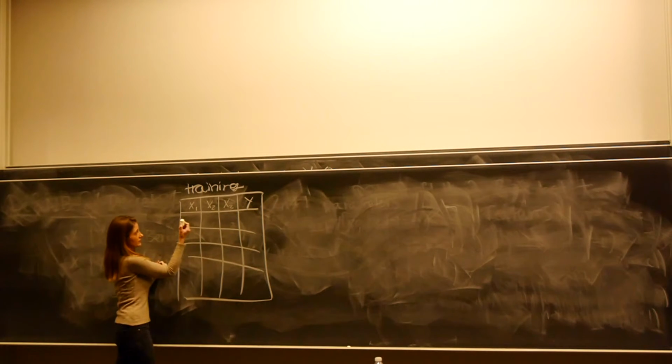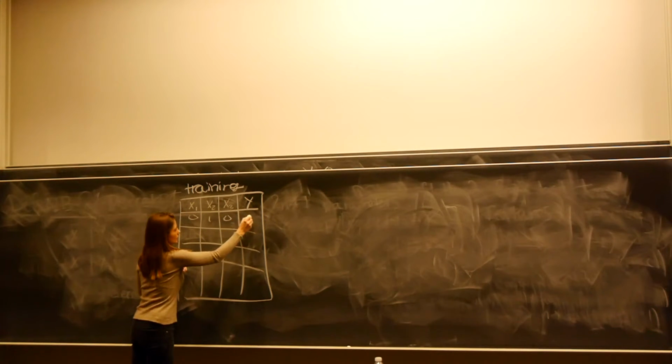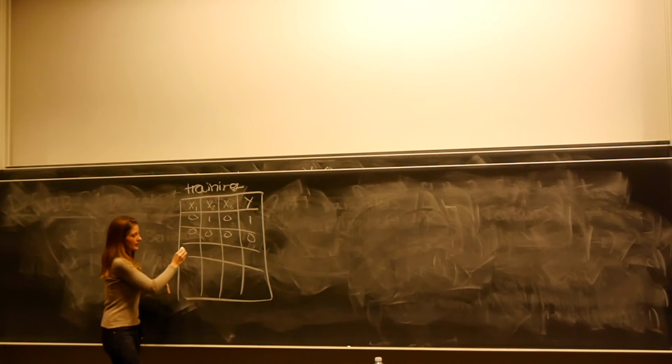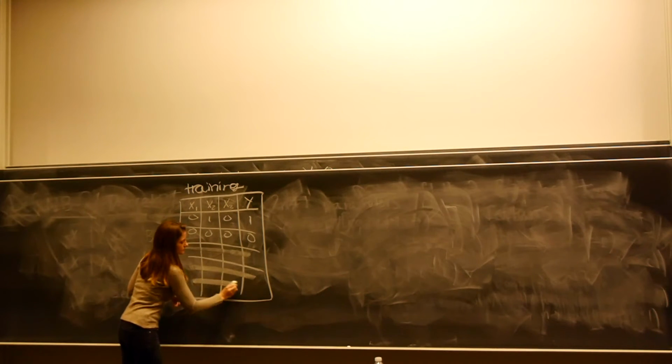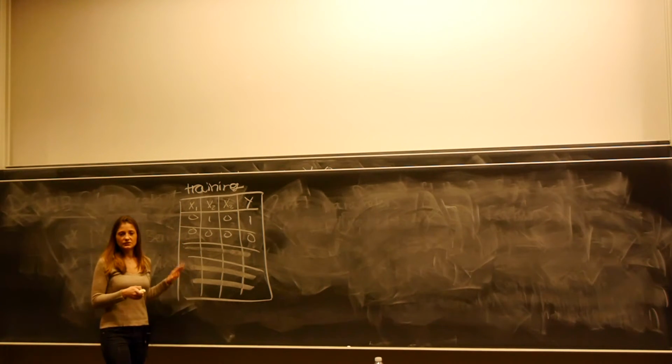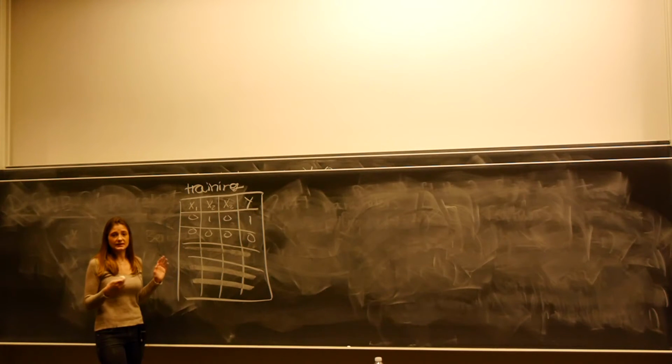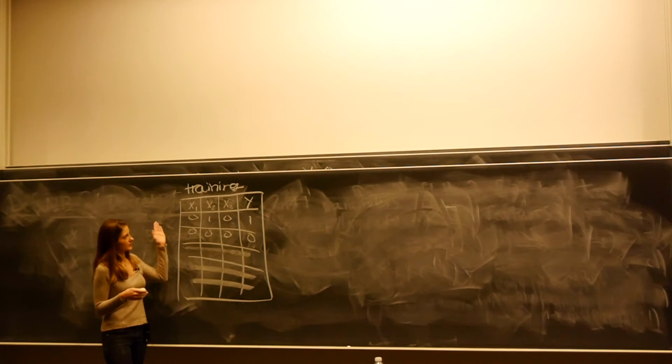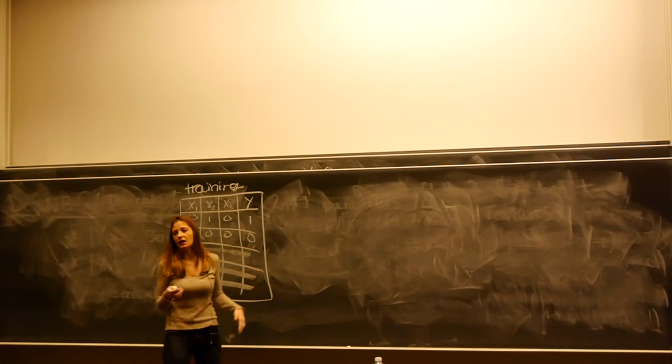Here I'd have different values, like 0, 1, 0, 1, 0, 0, 0, 0, and it's all filled in. So each row is a training example, each column is a feature, and maybe the last column is your label.